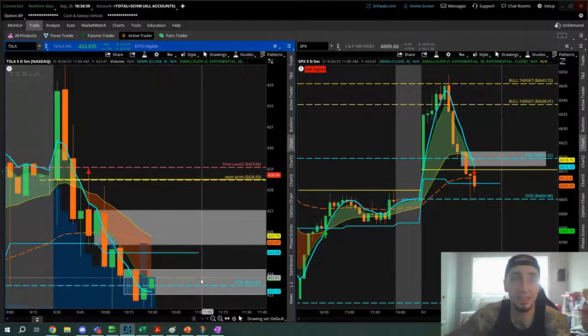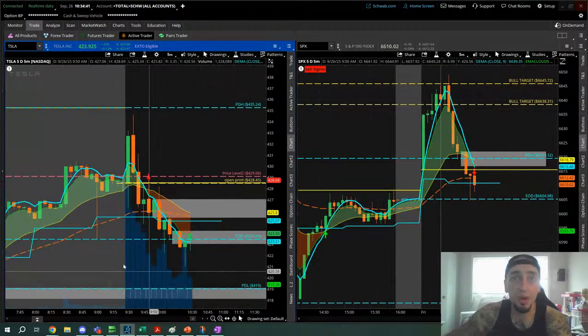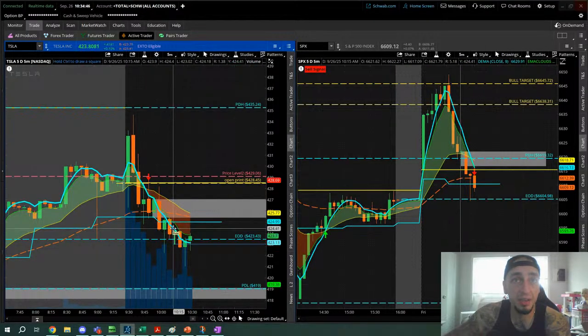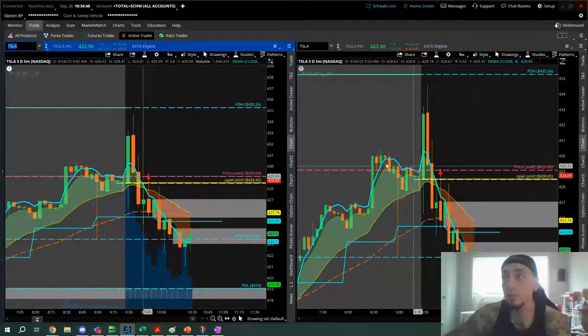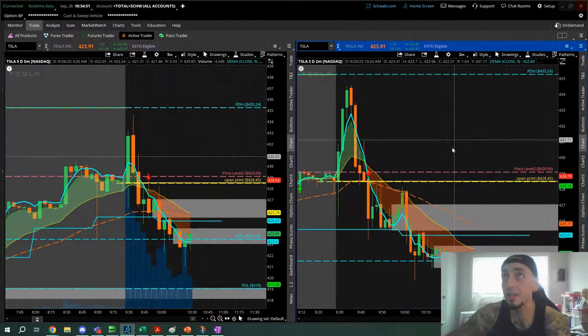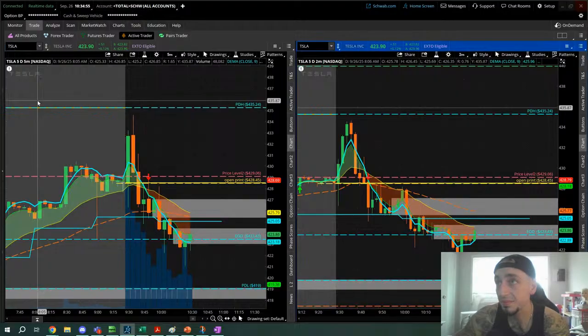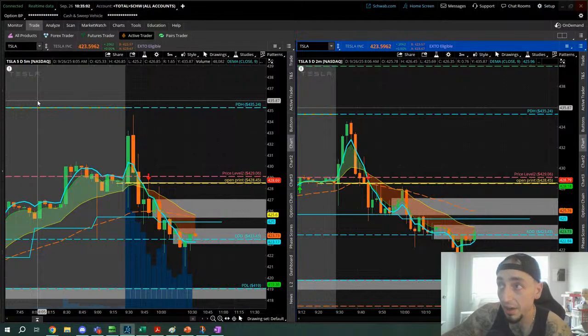All right, watching Tesla here as we are starting to come up to retest this area of value. Let's whip out the 2 minute over here, see if we can get ourselves a little entry on Tesla to the downside. Once again, I'm going to keep a really tight stop here on Tesla if and when I enter short. ES is ripping through EOD right now.